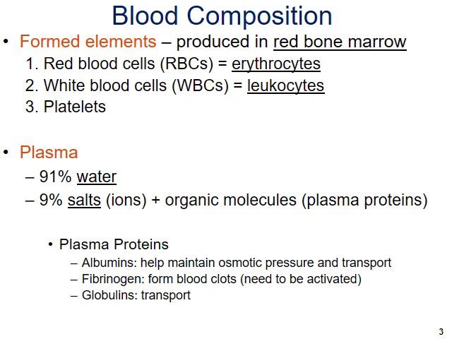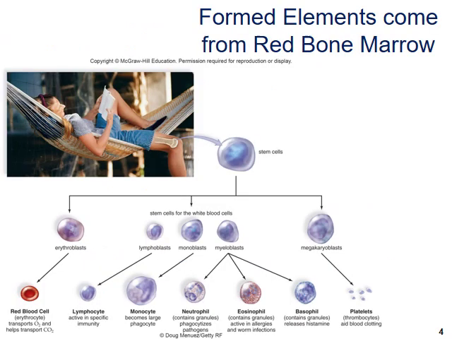So maintaining osmotic pressure, just by being present, it's preventing your plasma from being almost pure water. Fibrinogen is another plasma protein that is going to help in the formation of blood clots. We're going to see that come up later. And then globulins are useful again for transporting things throughout the blood.